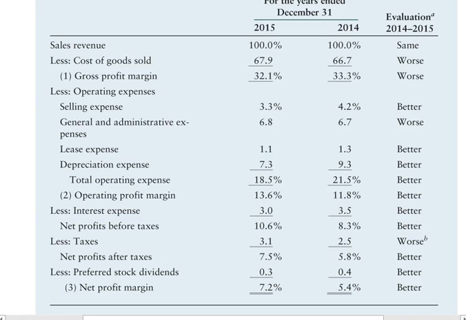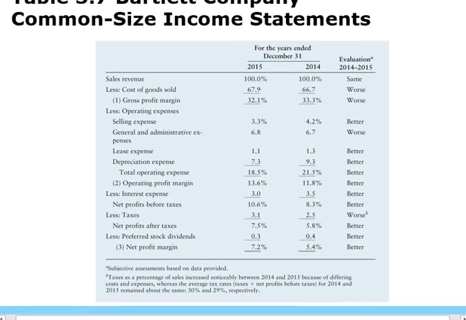So if we look at a company, and this is a common size, remember we did this last class when we created percentages, or a common size income statement? We did those percentages last time. And the reason we do that, we want to see if the cost of goods sold is a higher percentage. That's not good, because costs going up is not good. And profits going down, we went from 33 to 32%, is not good either. So denoting it worse and worse.